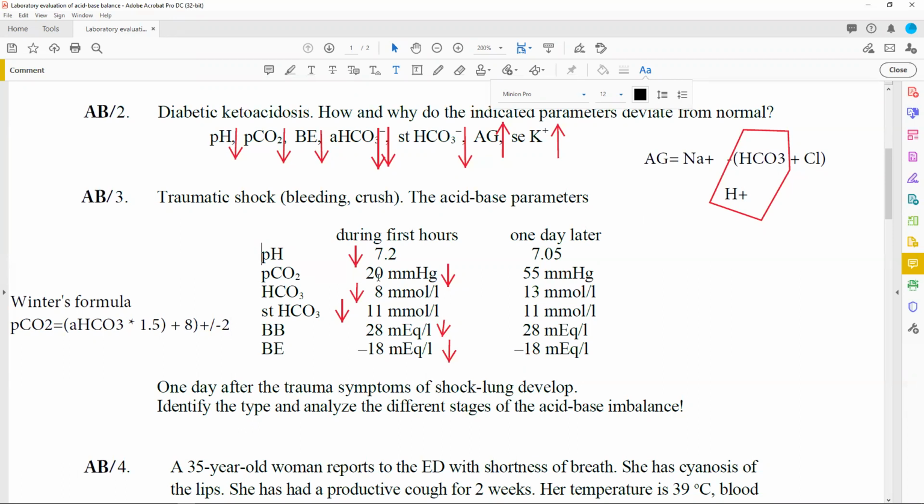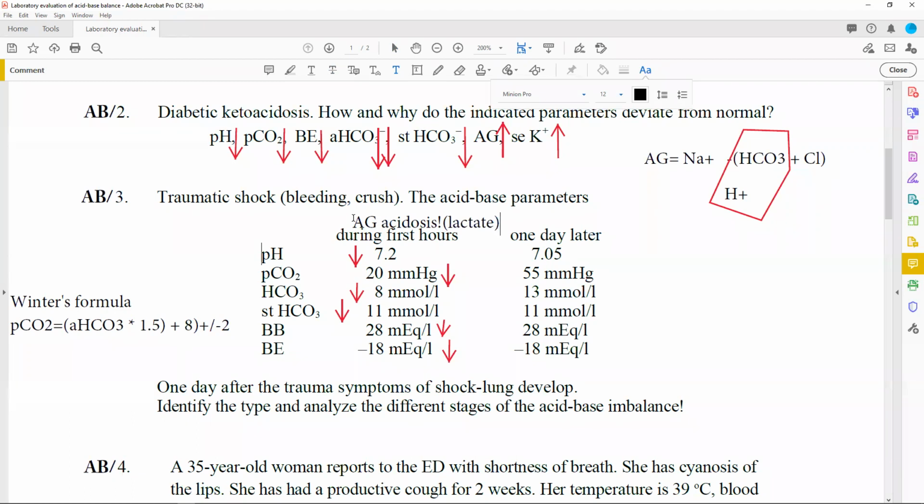Bleeding, circulatory shock, hypoxia, anaerobic condition, lactate will accumulate. An acid. So this is why we do have an anion gap acidosis. And I would say lactate. Possible.